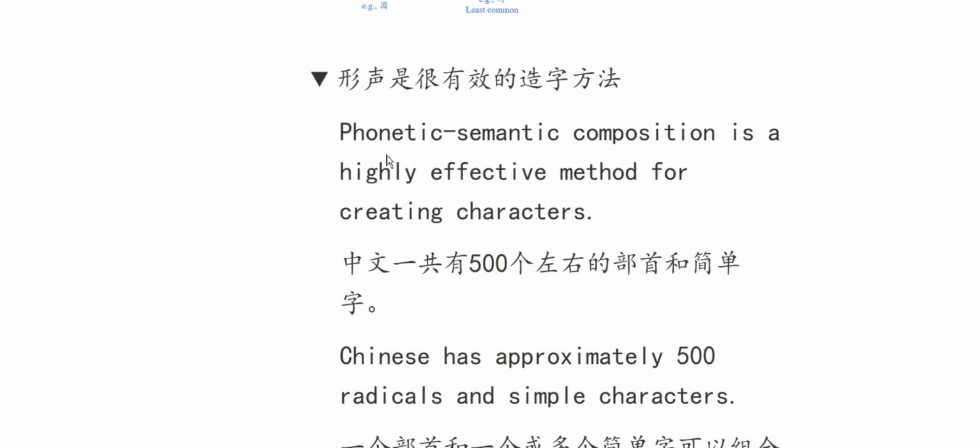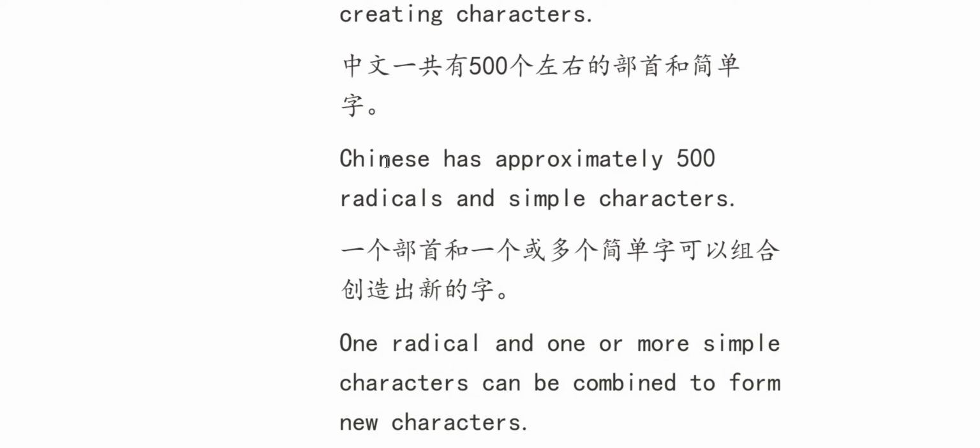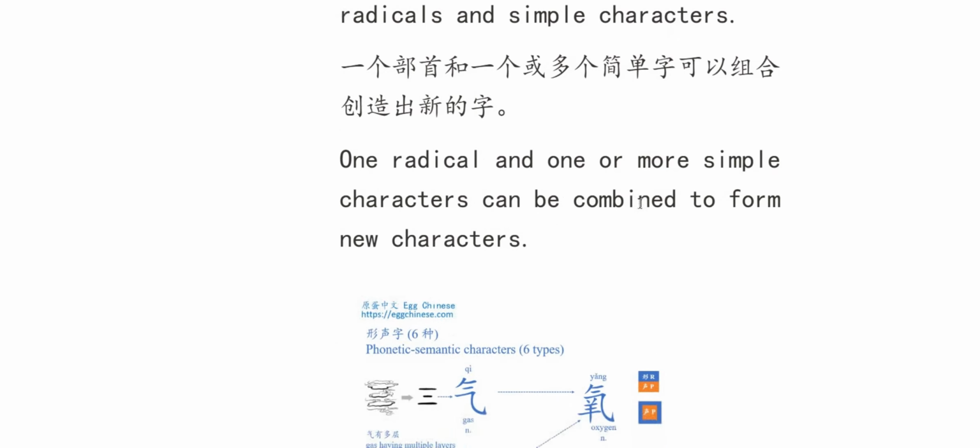Next, we want to see that the phonetic semantic composition or compounds method is a highly effective method for creating characters. Chinese has approximately 500 radicals and simple characters.